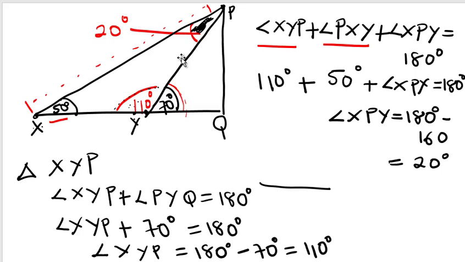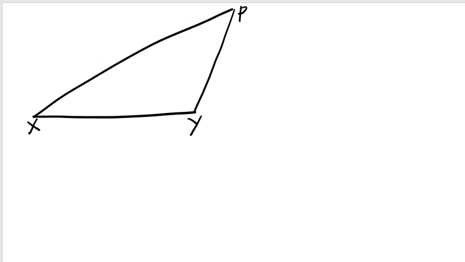So we have our XYP, and that is what we have here. This angle was 50 degrees, this angle was 110 degrees, and this angle is 20 degrees. And we know the length from X to Y to be equal to 7 meters. Now the question wants us to find the distance from X to P, this distance.